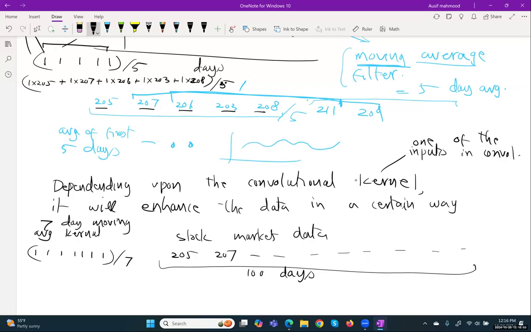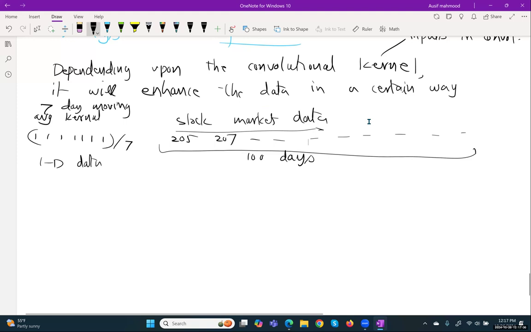So this is an example of one-dimensional data where the kernel is 7 ones and your data is a linear set of numbers. Same way we can have a 2D kernel. For example, images are a collection of pixels.